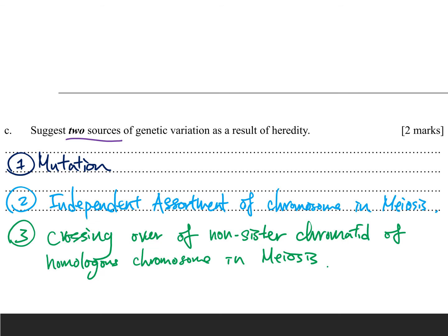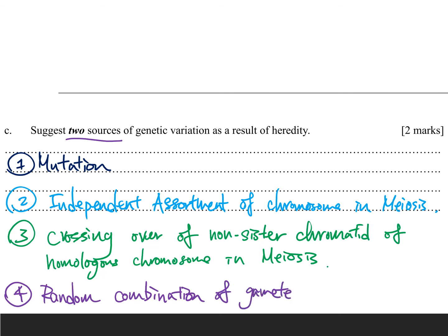You can give me the last one, such as you have so many variations because there is random combination of gametes during fertilization. And that's it. You can choose any two to answer the source of genetic variation.